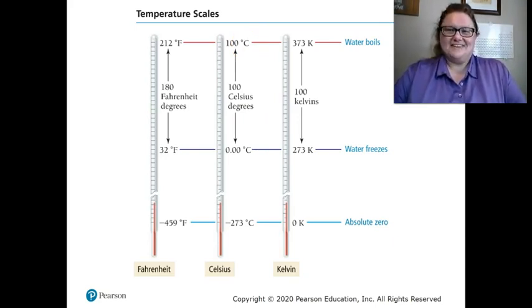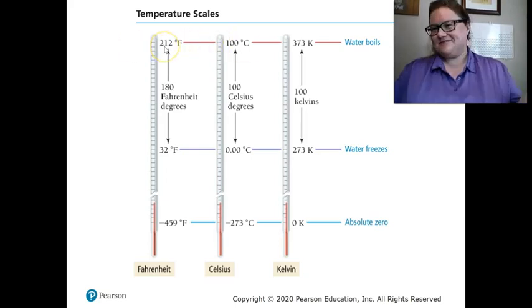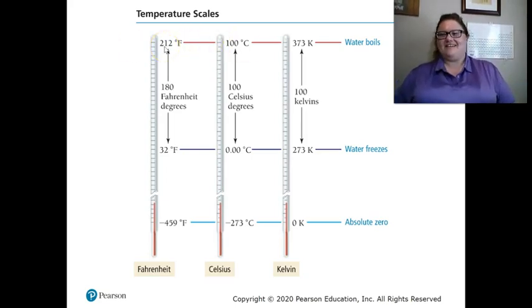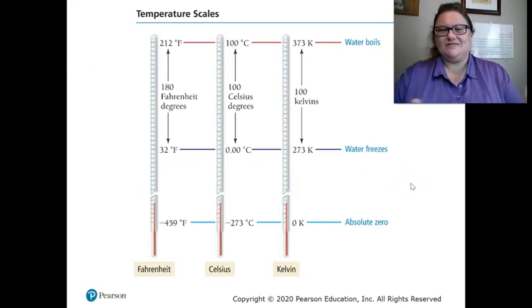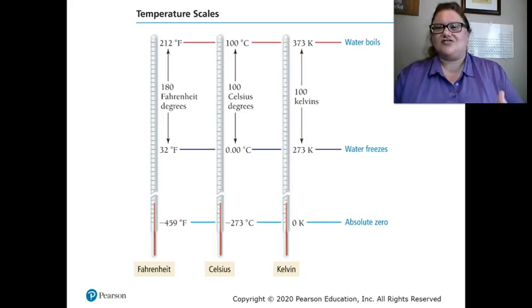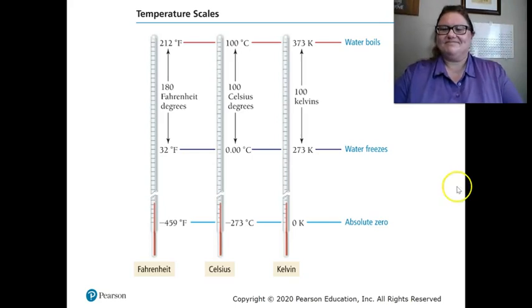You see where I'm going with this. 212 is boiling for Fahrenheit. That's a very specific number that you came up with there. Not 200, 212. Not 30, 32. Right? So that's what I mean. Fahrenheit is a different system than Celsius, but Celsius is just easier because it's on these regular intervals.